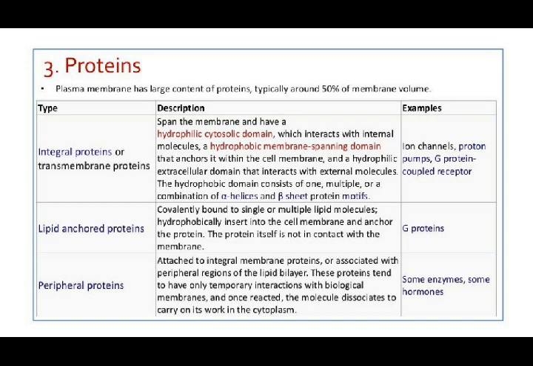Integral or transmembrane proteins span the membrane and have a hydrophilic cytosolic domain which interacts with internal molecules, a hydrophobic membrane-spanning domain that anchors it in the cell membrane, and a hydrophilic extracellular domain that interacts with external molecules.